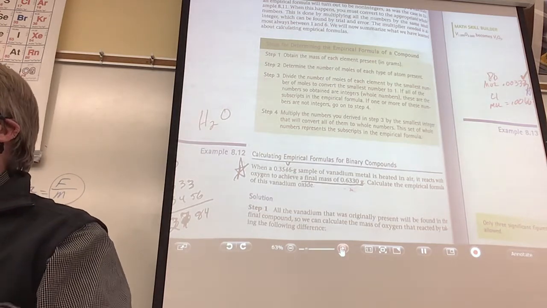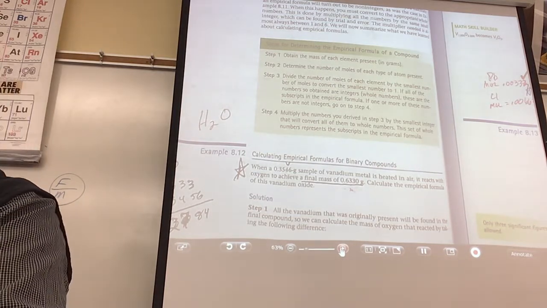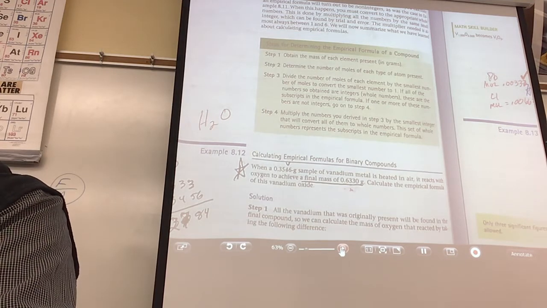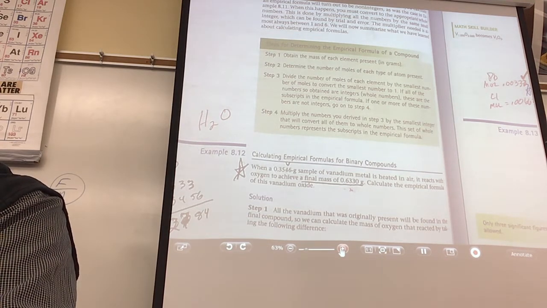We're also trying to increase our speed at doing problems. So by the time Friday gets here, you can do a lot of problems in that 1 hour.